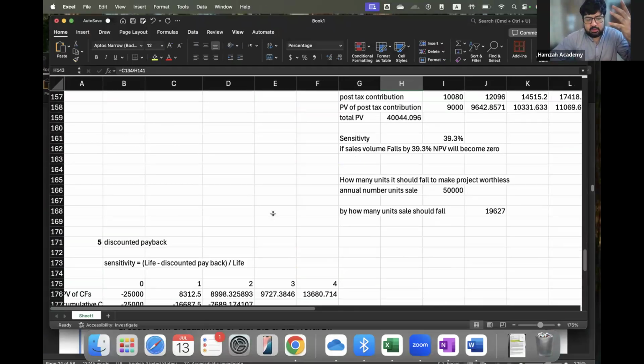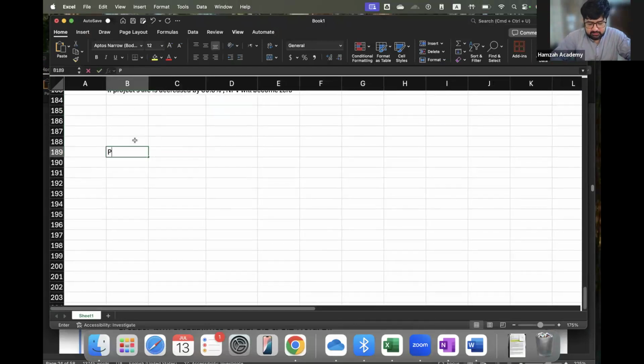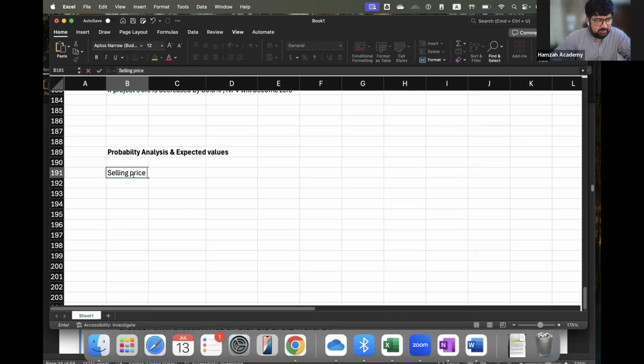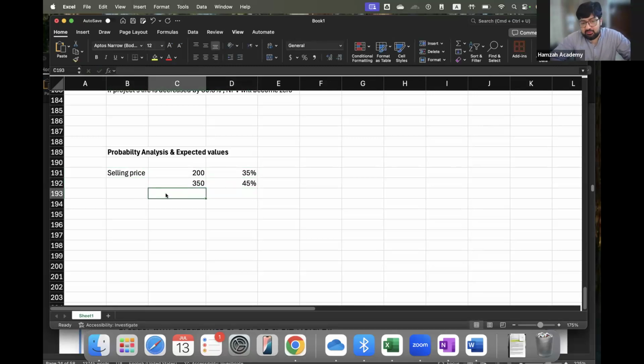For example, we know that the selling price will be either 200, with a 35% chance, or 350, with a 45% chance, or 500, with only a 20% chance.